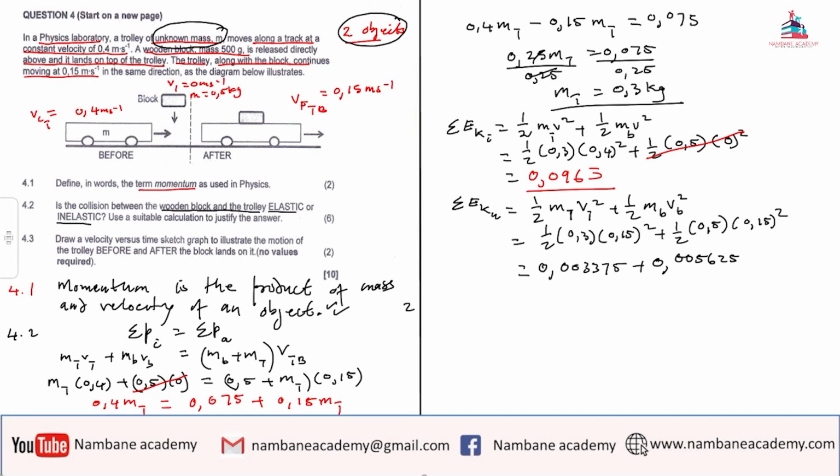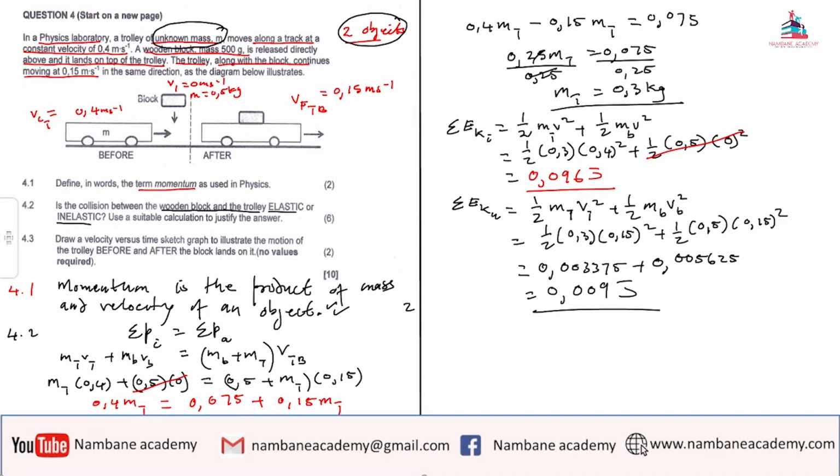Then plus 0,003375, and then it gives us an answer which is 0,009 joules. Now, let's compare these two answers.